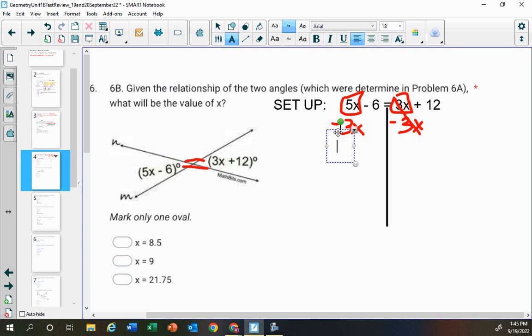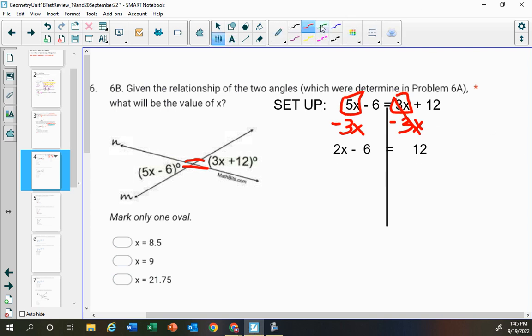So 2x minus 6 equals 12. Now, well, 6 on both sides. Do we agree?